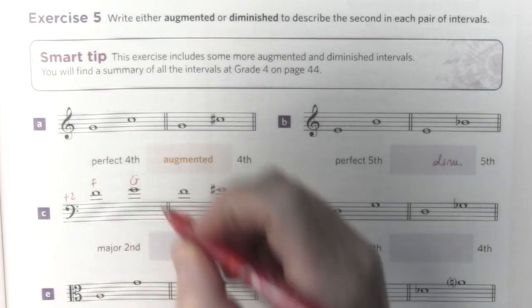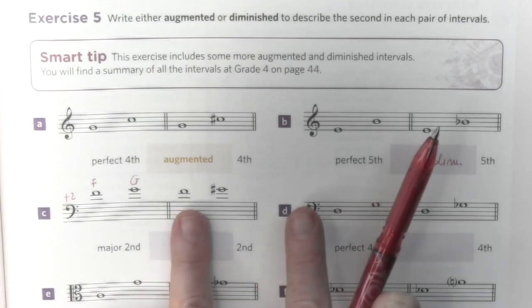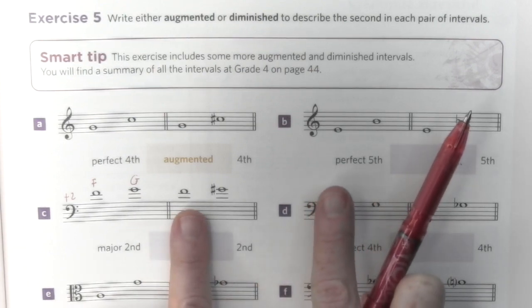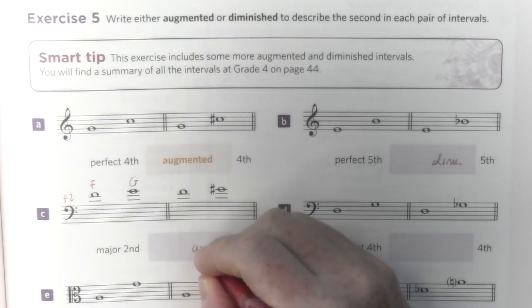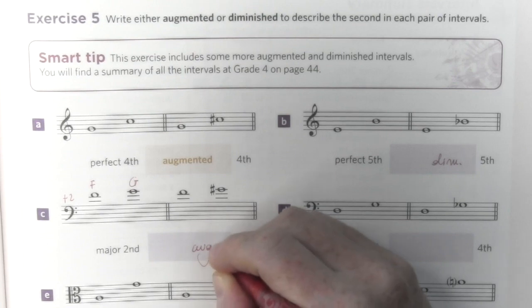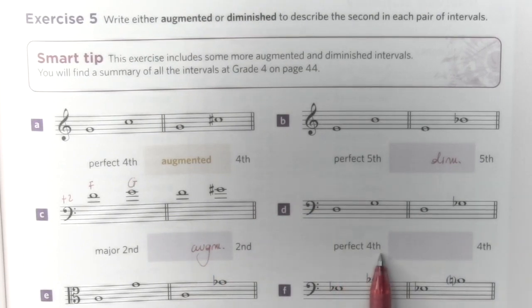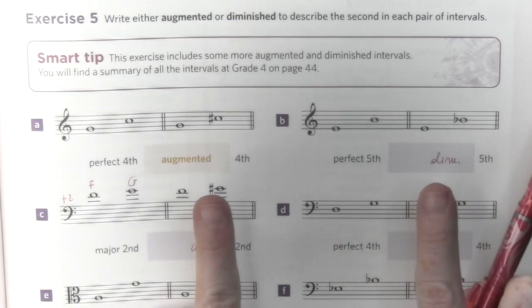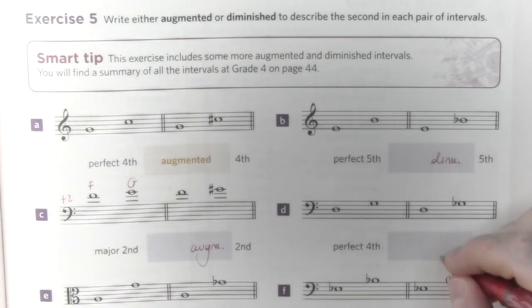Fa, sol. Now, fa sol is a major second, but if we put a sharp on the second note, we make it augmented. A perfect fourth, re sol. If we put a flat, we shorten the distance, so it becomes diminished.